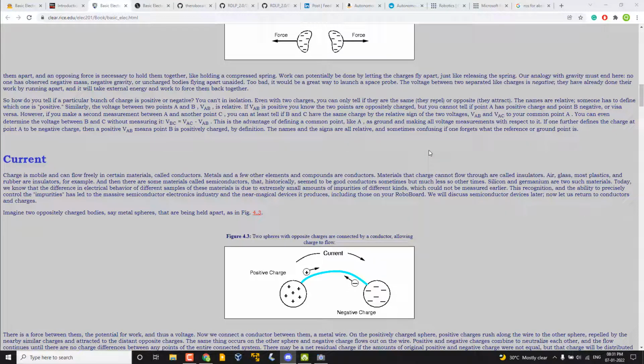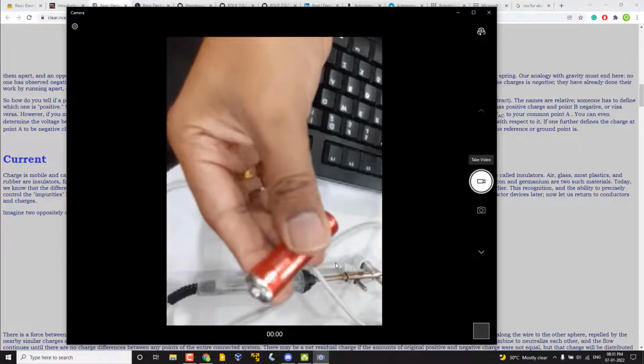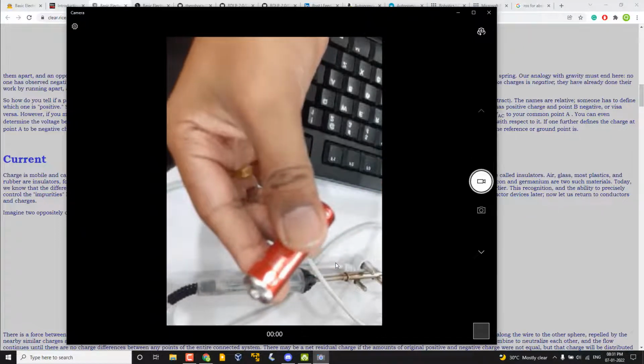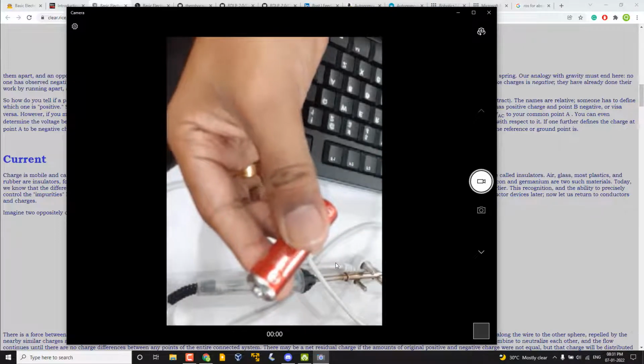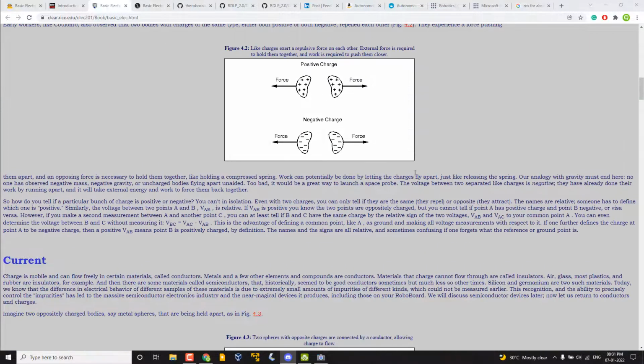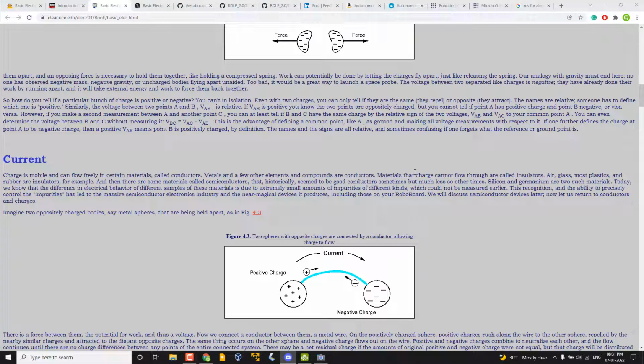We know that there is a positive charge and negative charge, and whenever we connect positive to negative, the charges will flow, and the current is the rate of that flow. So just understand these two terminologies, voltage and current.